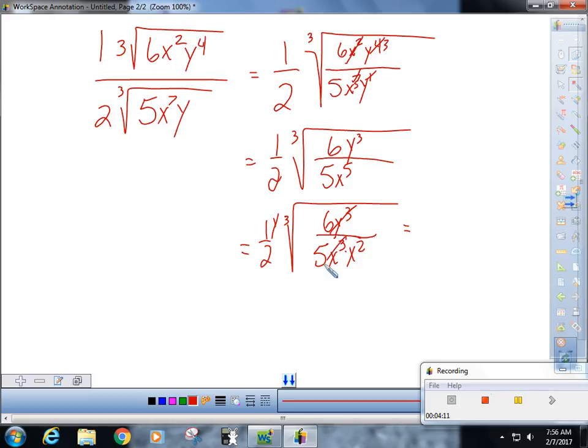And I can take this x cubed and write it there. So we end up getting y, or 1y, over 2x times the cube root, and what do we have left? Of 6 divided by 5x squared. Okay, and that's tough. But honestly, I don't think there's anything on the test that's that difficult.